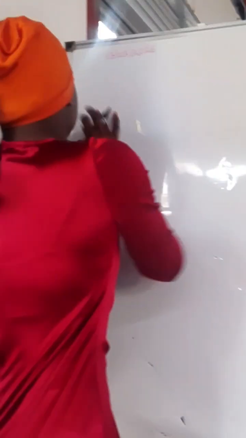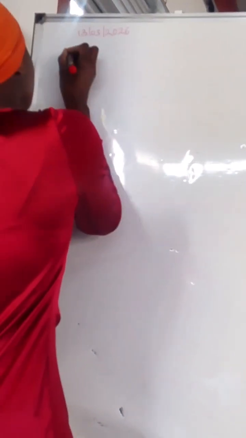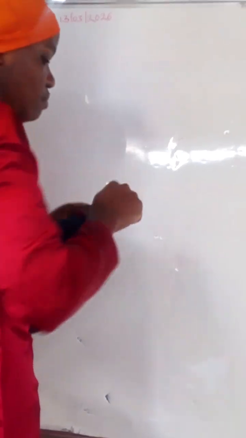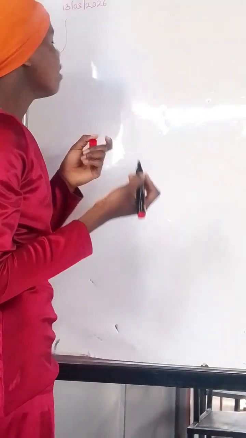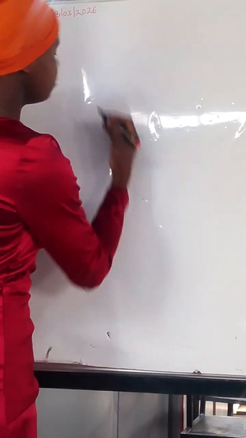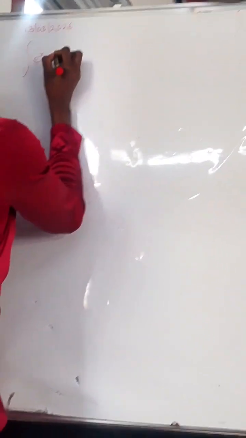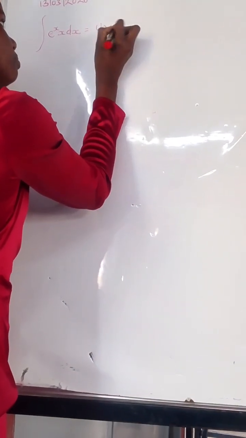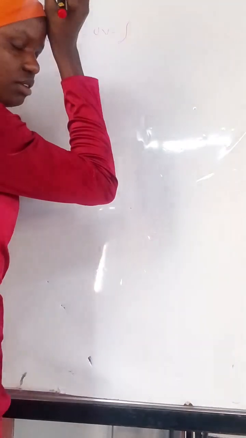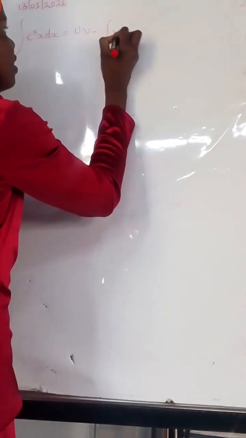Then to get the integral of this, now the integral of e power x times x dx shall be equal to uv minus integral of v du.